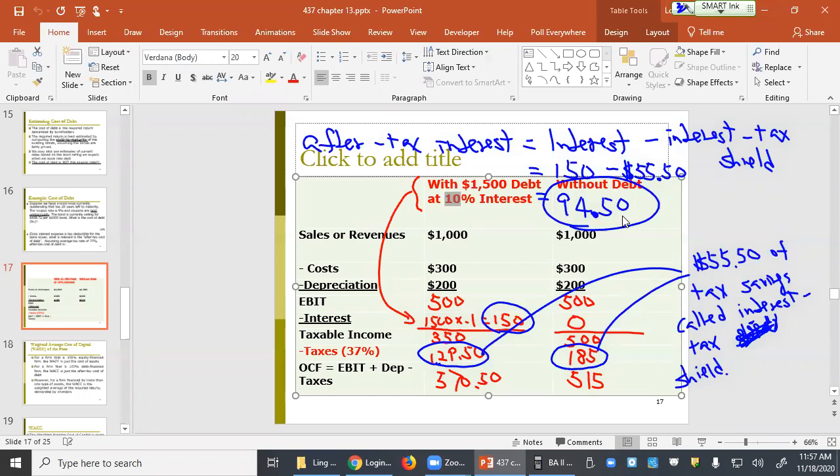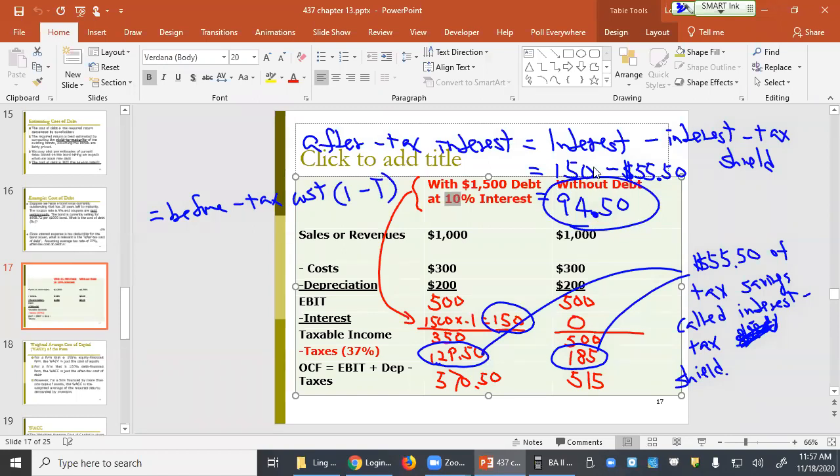The easiest way to convert before-tax interest expense into after-tax interest expense is to use this equation. We simply start with the before-tax cost, then multiply it by 1 minus T, 1 minus the marginal tax rate.